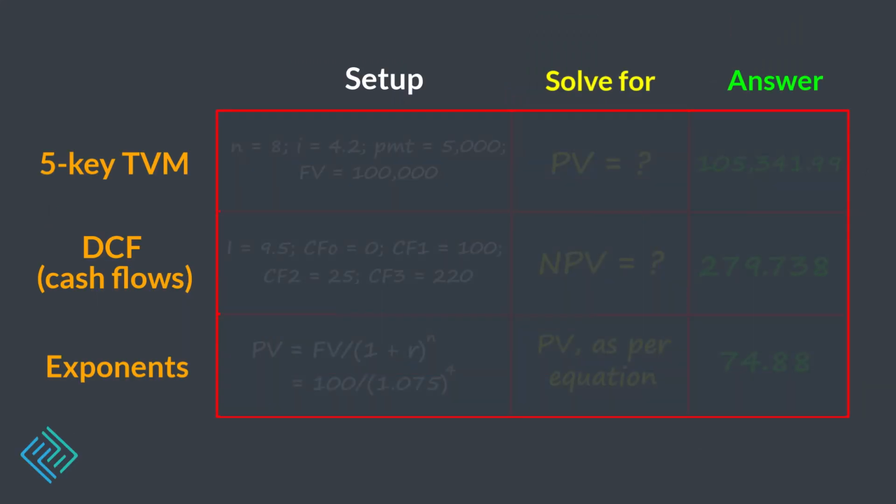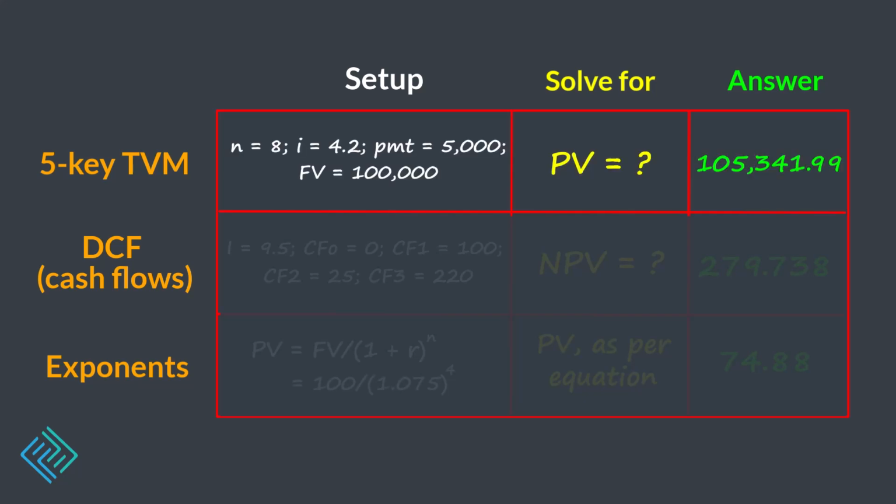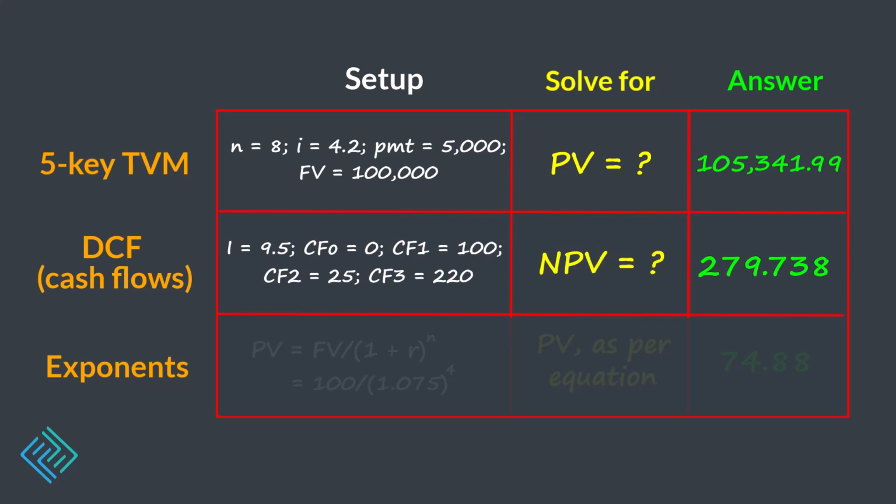Next, here are the sample problems that I will be using to illustrate the required steps for each calculator. We will use the 5 key TVM section to solve for today's value for a level coupon bond, then the DCF keys to determine the value of a share given a short-term projection of dividends along with a terminal value.